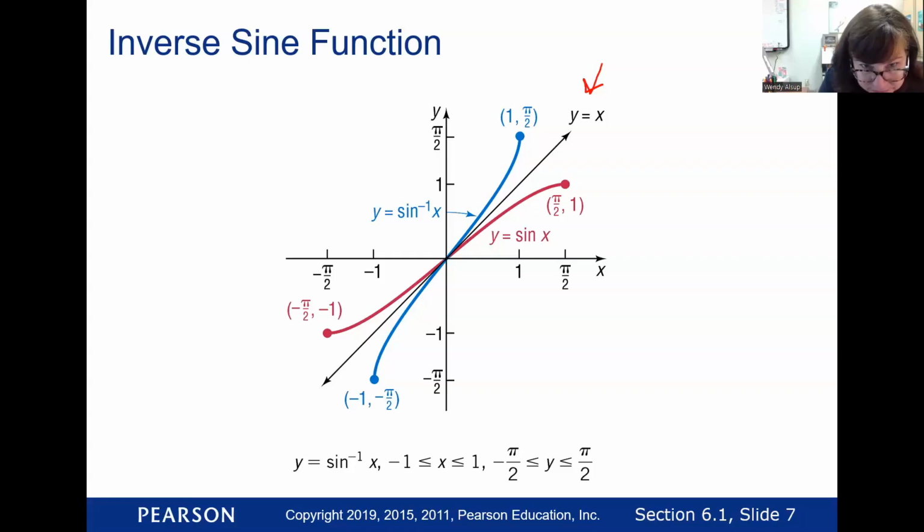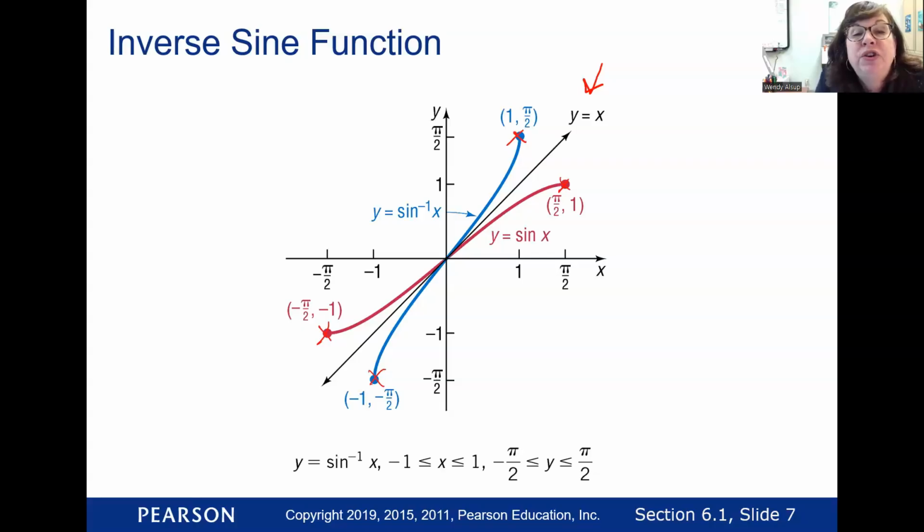On our original, when x was pi over 2, y was 1. On the inverse, it will be 1, pi over 2. See how that's just a reflection across the line y equals x. On our original, we had negative pi over 2, -1. On the inverse, that becomes -1, negative pi over 2.